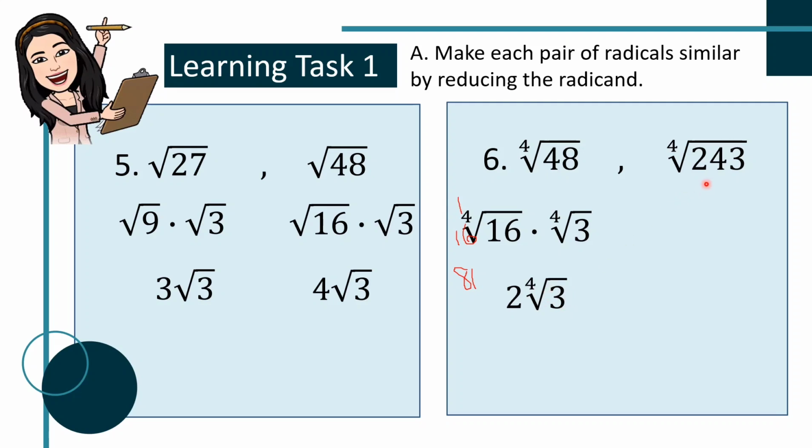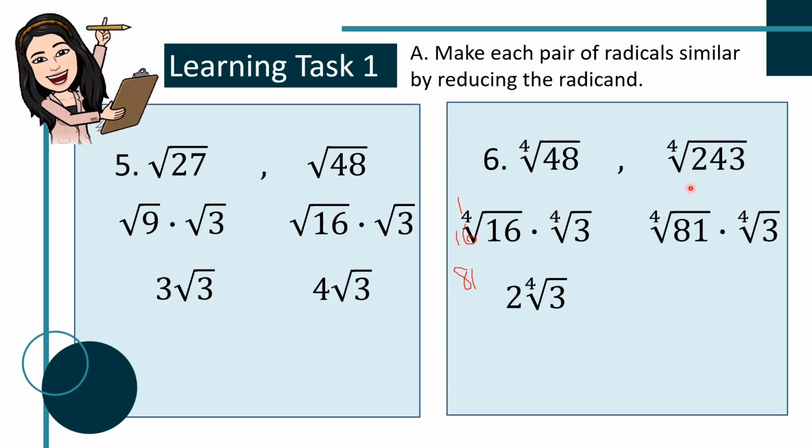Now, how about fourth root of 243? Alin ba dyan ang factor ng 243 na ang isa ay maalin sa mga sumusunod? Okay, very good. So, that is 81 times 3. Kapag pinag-multiply natin ang 81 and 3, that will be equal to 243.